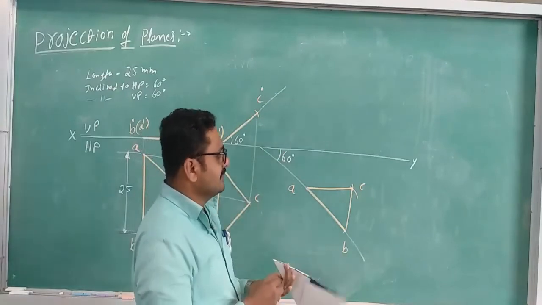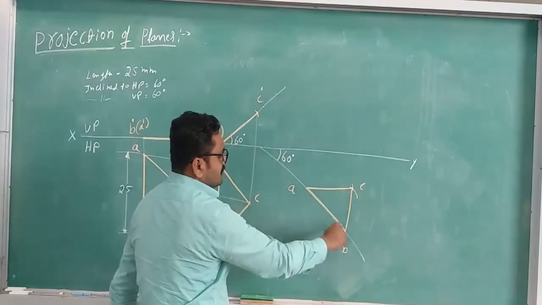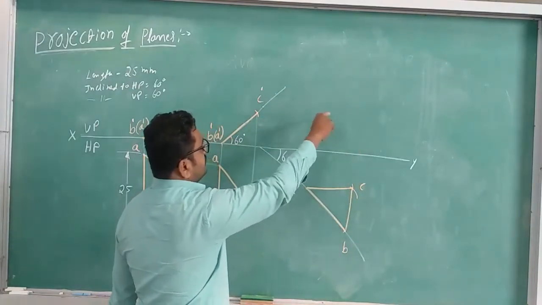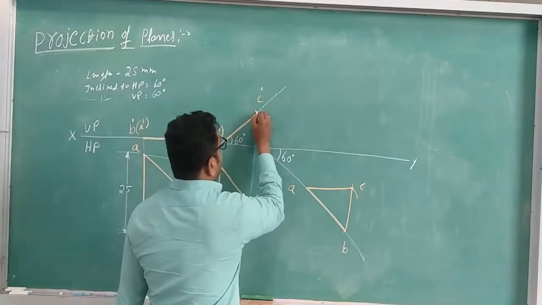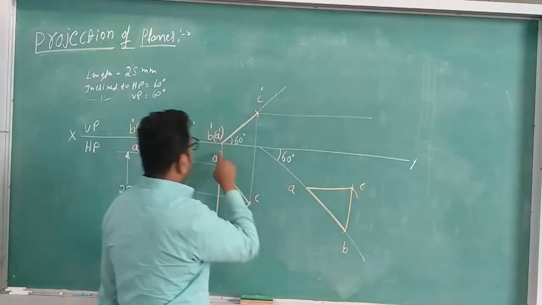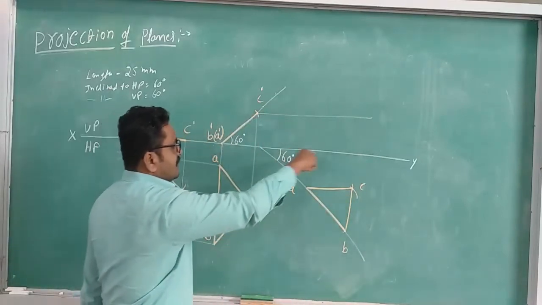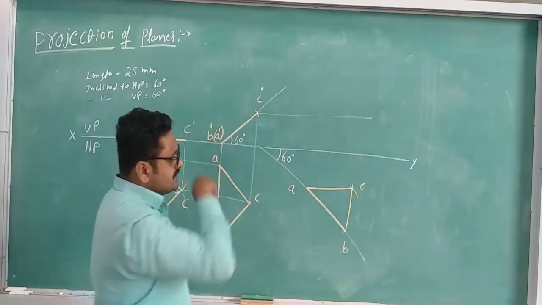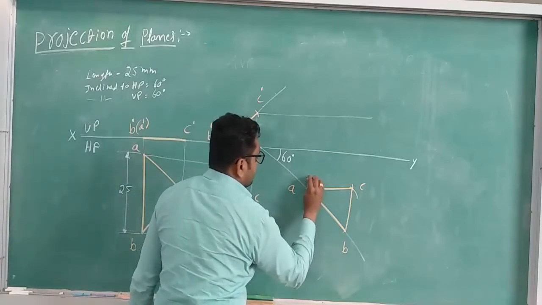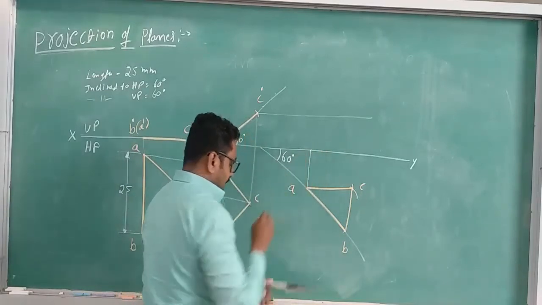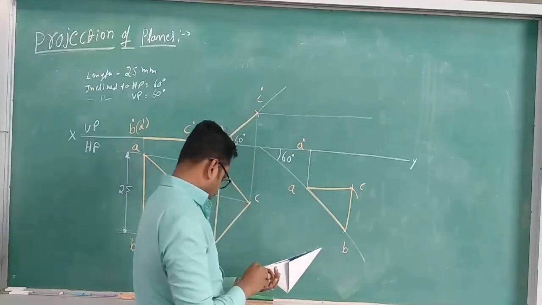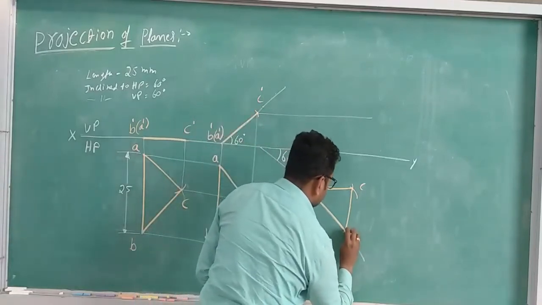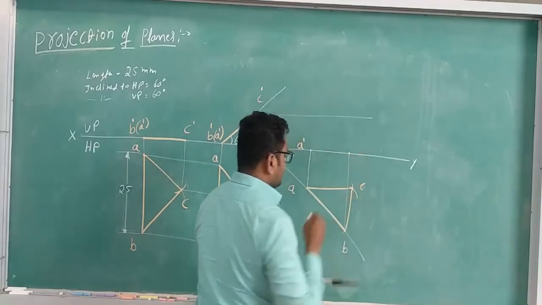To get the final front view, we need to draw projections from all the corners, and draw the horizontal projections from the front view to finish it. For C dash, we need to draw a horizontal projection, and B dash of A dash is coming along the same line, no need to draw it. So one by one, A dash along the XY line, and we will get A dash here, and then B dash, that is also along the XY line.